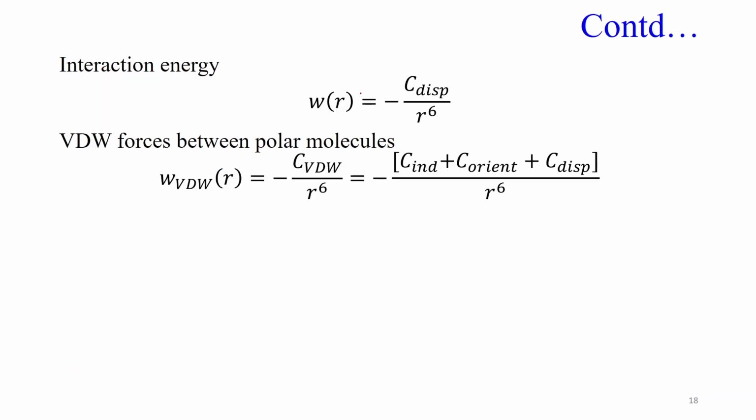This London dispersion potential is expressed as minus C dispersion upon r to the power 6. This is for neutral molecules.